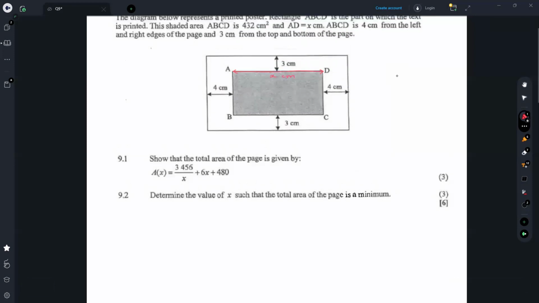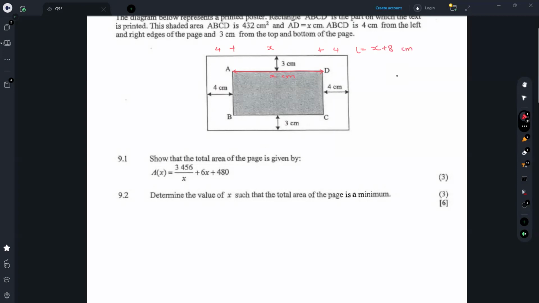So this means that the entire length of the page right there, let's call this length L. Now this would be 4 centimeters plus X centimeters plus the 4 right there. So it means that L, if we call that the length, will be X plus 8 centimeters.